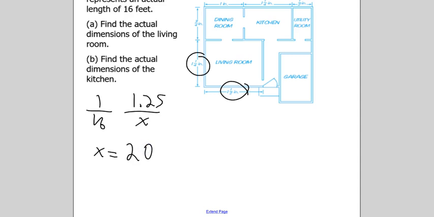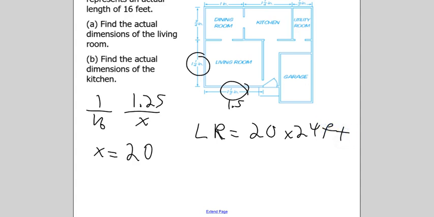Then we're going to do the same thing. So we're literally just going to take 16 times 1.5. This is 1.5 here. So 16 times 1.5 is 24. So the living room is 20 by 24 feet.